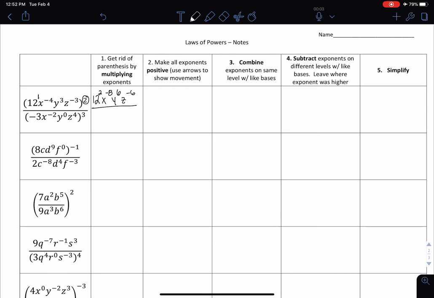Okay, now I do the bottom. Make sure everything has an exponent. This -3 has an exponent of 1. And the rest of them are good. So -3 to the 3rd power. X to the -6. 0 times 3 is 0, and then Z, 4 times 3 is 12. Okay, so we first start by getting rid of our exponents on the outside.